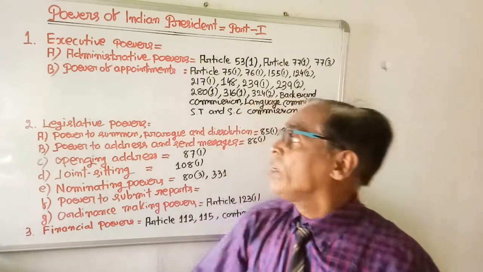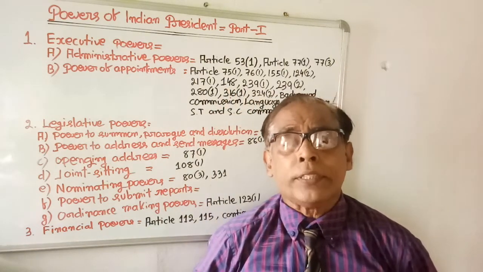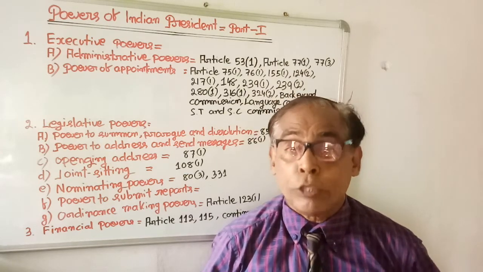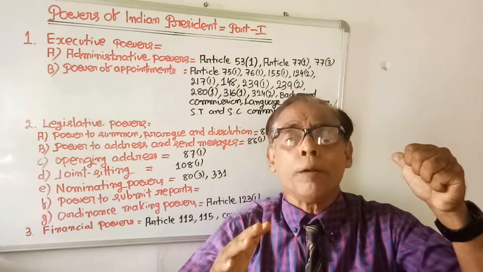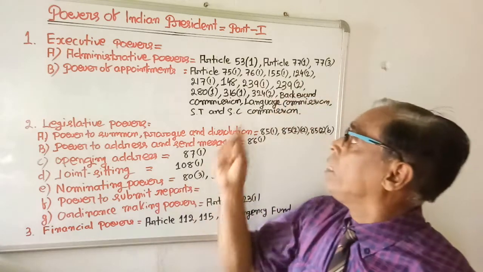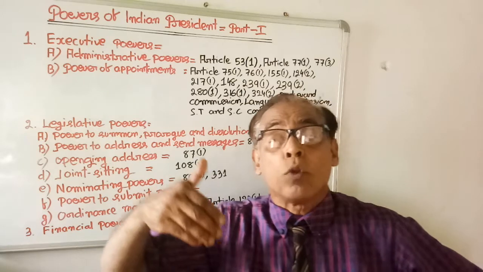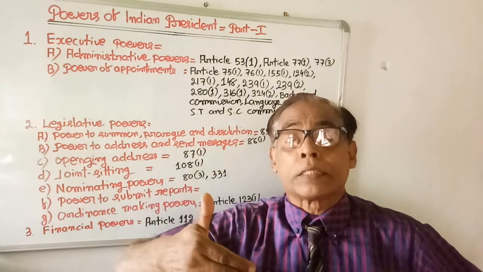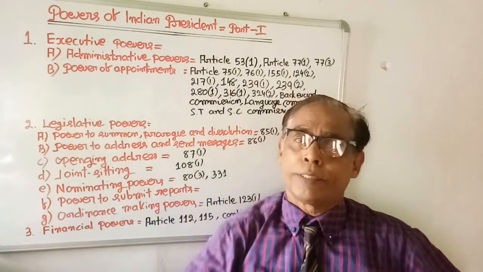Okay? Very good. Again, under Article 148, the President appoints the Comptroller and Auditor General of India, whose duty is to maintain accounts of the central government as well as state governments. Under Article 239 Clause 1, the President will appoint administrators or lieutenant governors of union territories.